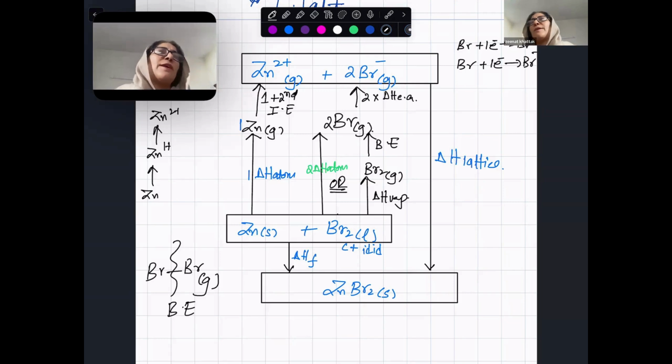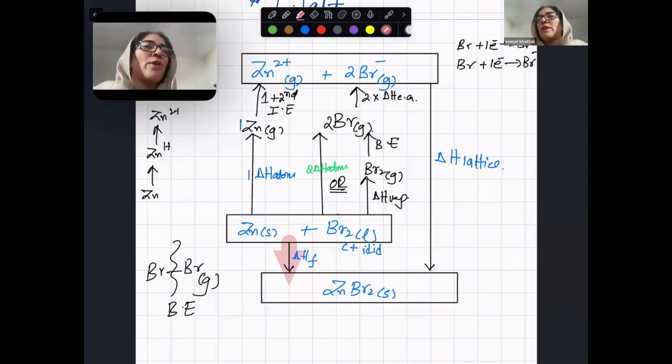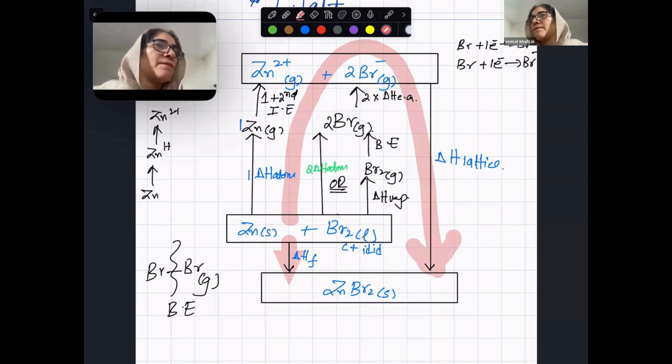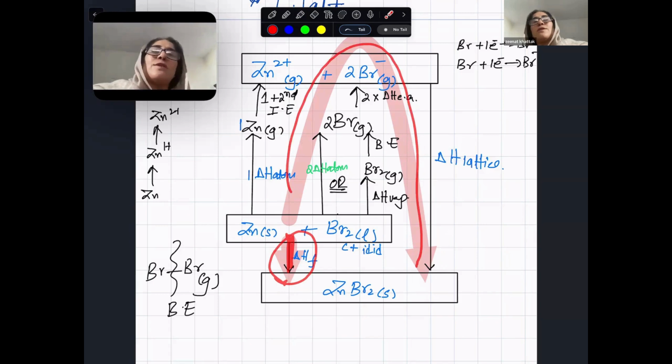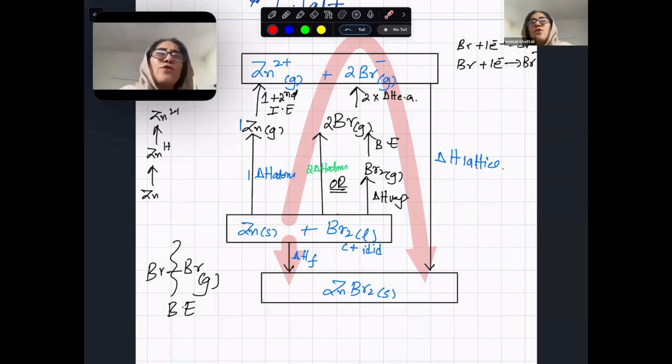So what can we say? Can we say that this formation is equal to the sum of all these? Of course.